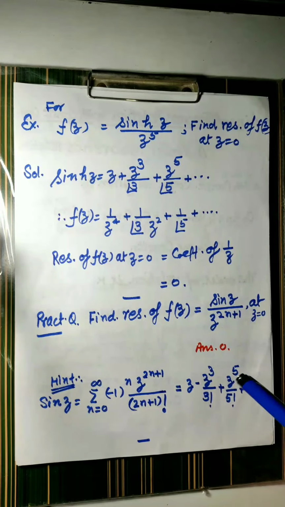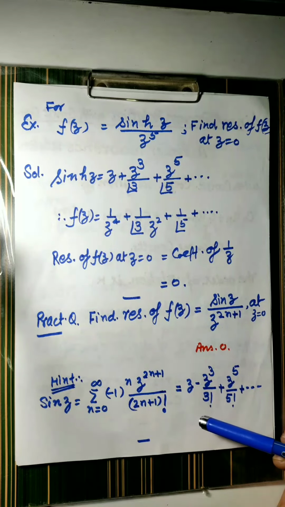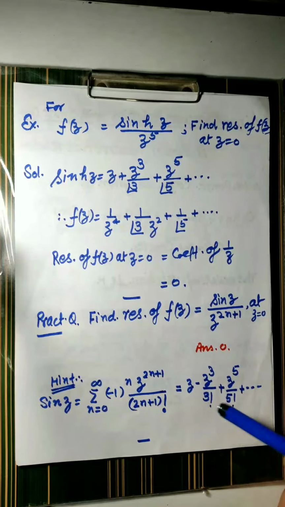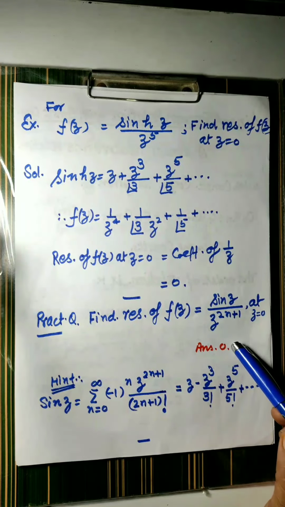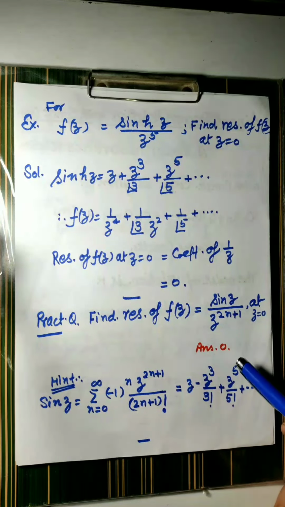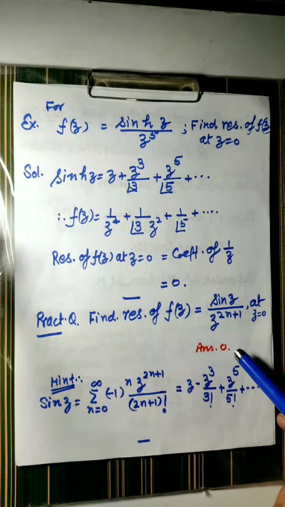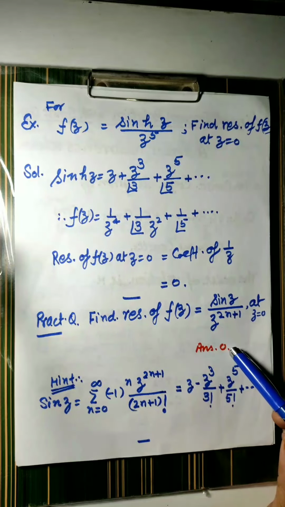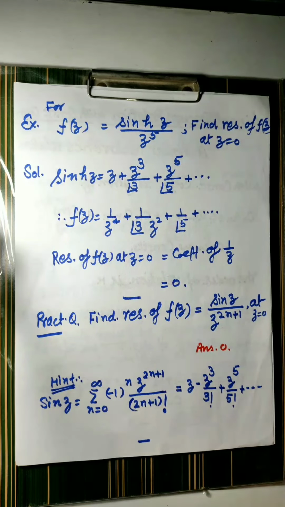Now we observe that here again there is no coefficient of 1/z, so the residue of this function at z equals 0 is 0. You can expand and solve easily and you will obtain the solution of this question.